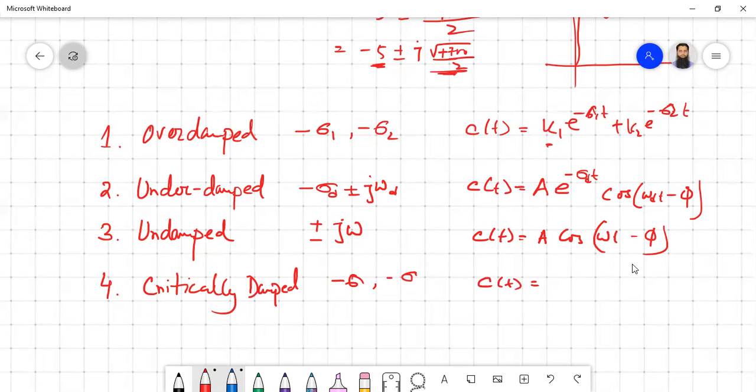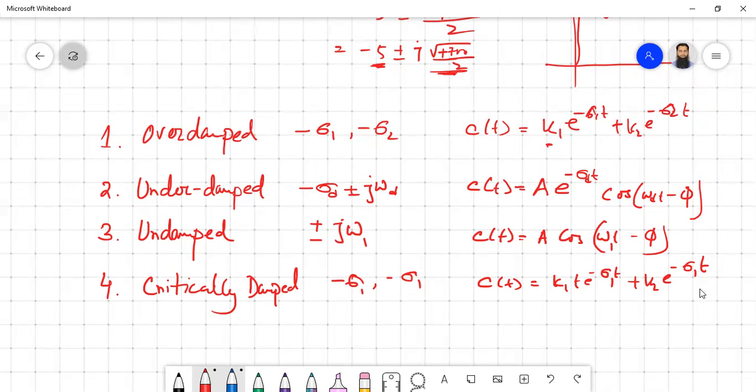Because of the repeated root, you have k1 t e to the power minus sigma t, then k2 e to the power minus sigma t. For simplicity, you can give 1, 2, or any specific value if you want, similarly here, but it's up to you. Okay, so 4 different scenarios and 4 different types of responses are possible.